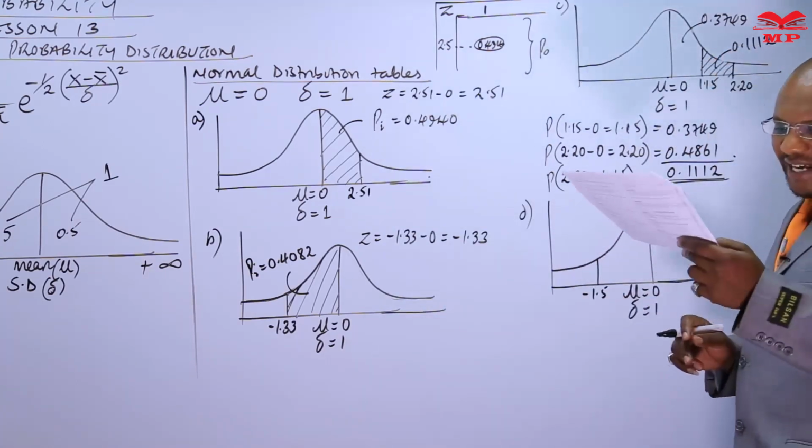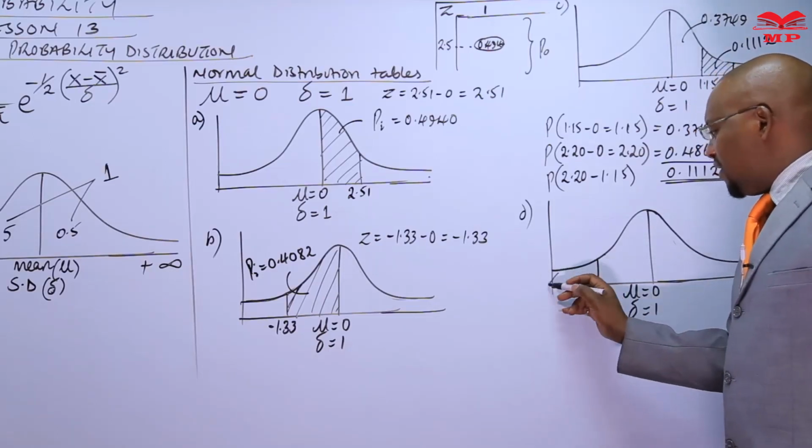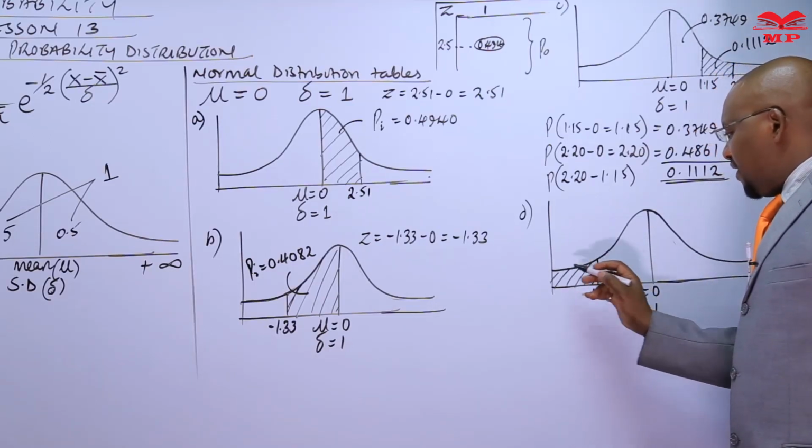So you have been asked negative 1.5 or less. Less is this side, on the left-hand side.